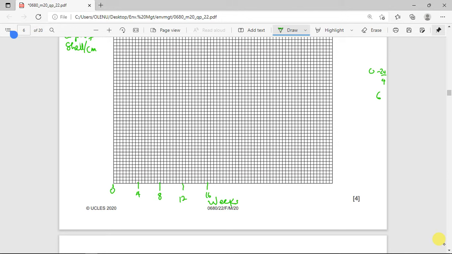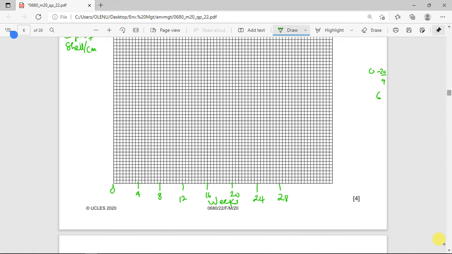Another 4 will give me 20. Another 4 will give me 24. I can just add another one to make it 28. Let me just rush through it because of time.